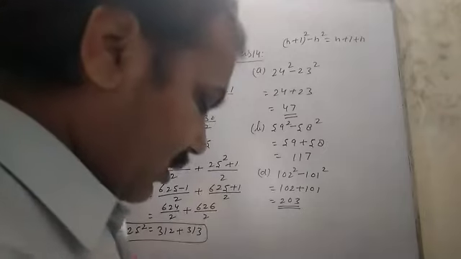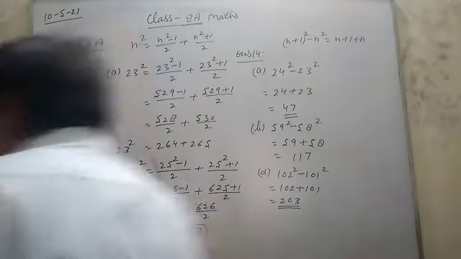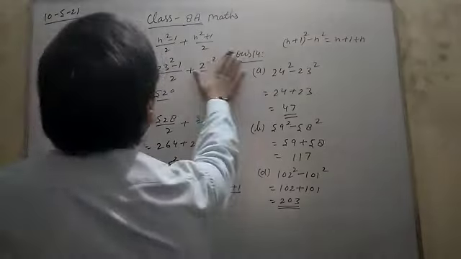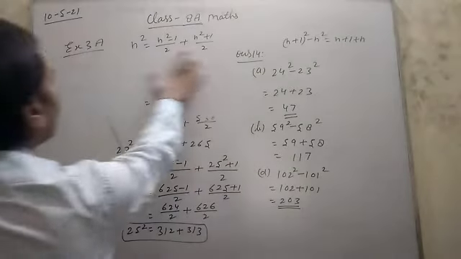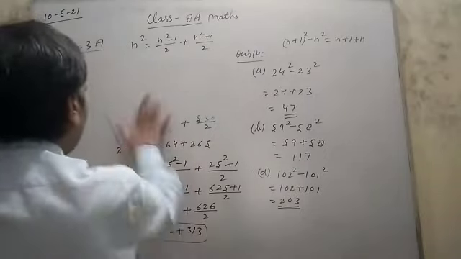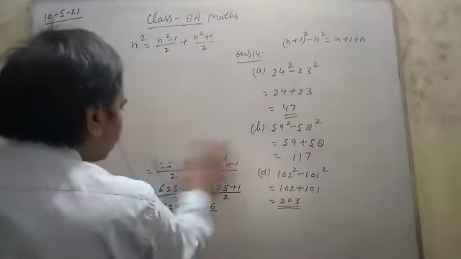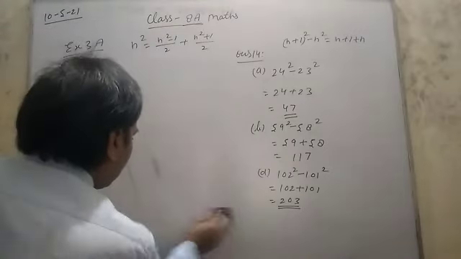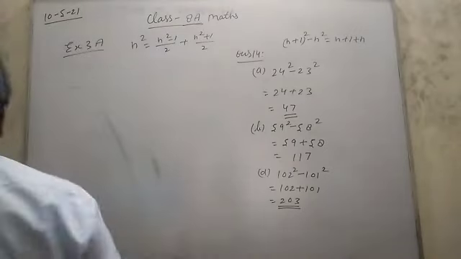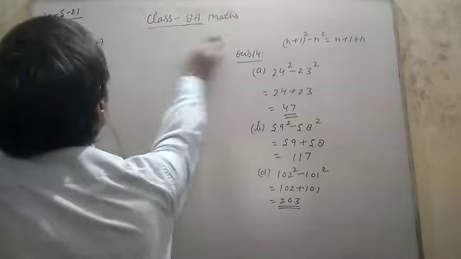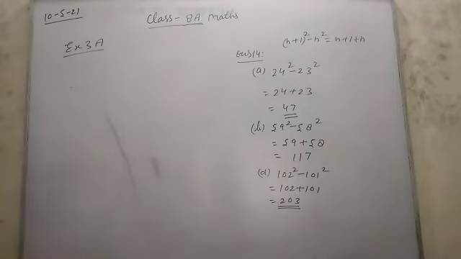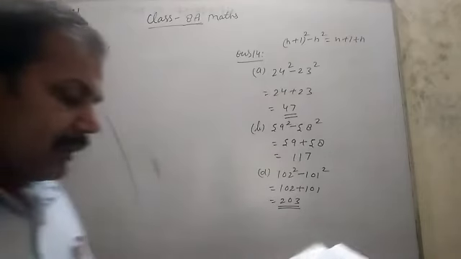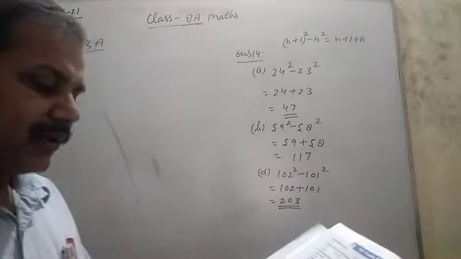Okay. Then question number 15. Without adding, find the sum of the following sets of odd numbers.